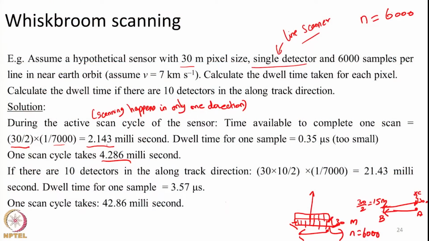But the time available for the active scan, starting from here to go here, that is when the satellite scans the ground, is half of the total scan time, that is 2.1 millisecond. It has to now collect 6000 samples within that 2.1 milliseconds. Hence 2.143 milliseconds divided by 6000 samples will give you 0.35 microseconds per pixel.